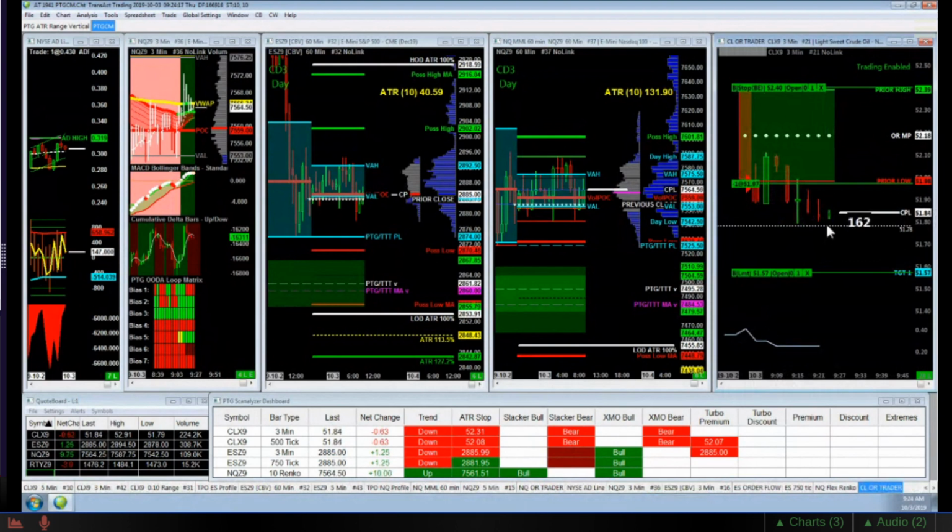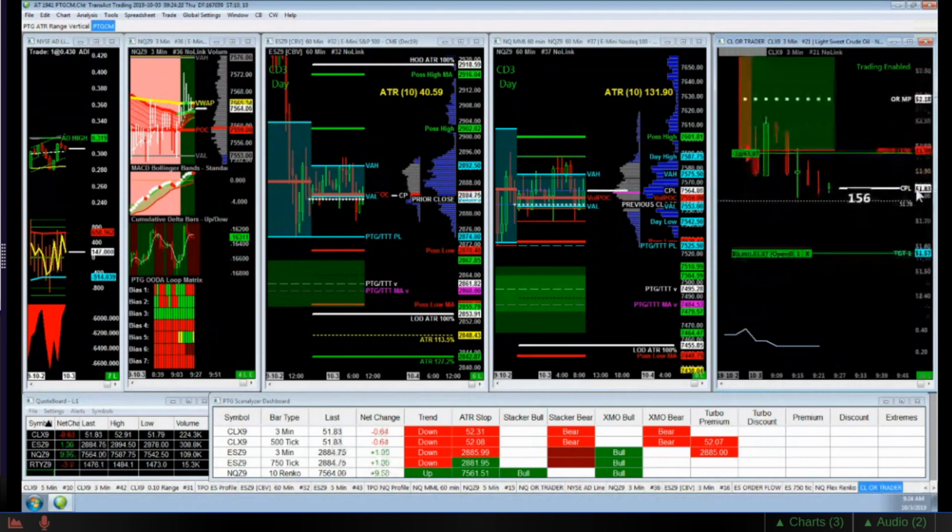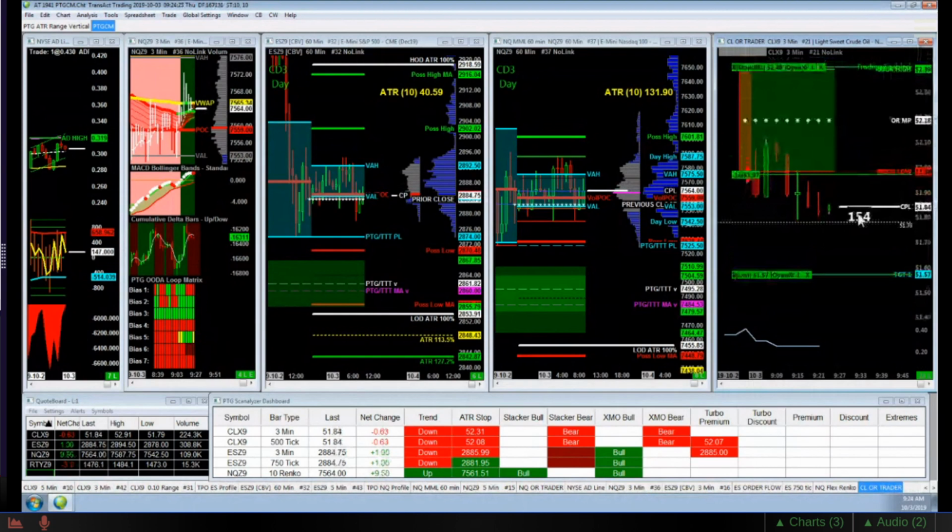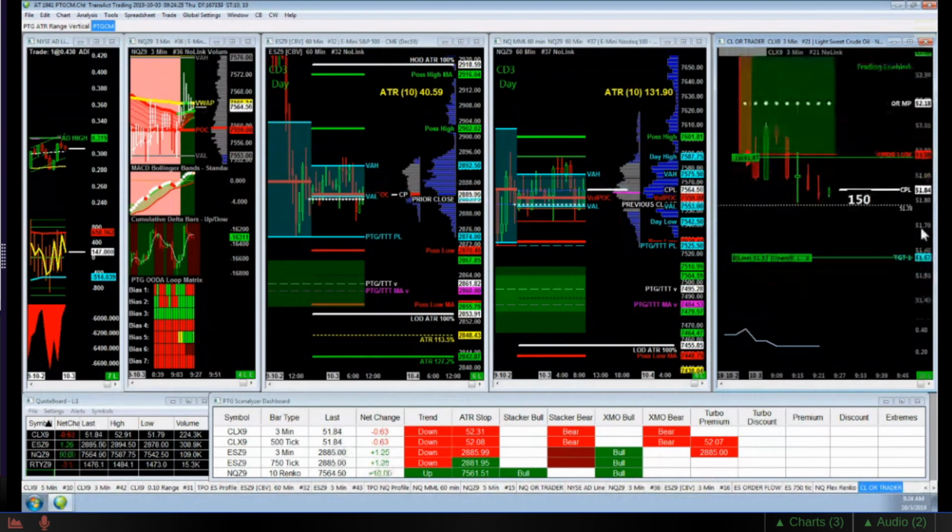Again, still short on the crude. Once it crosses the 51.78s, we'll look to move our stop to break even, and then see if it will pay us today down to the 57s area. Again, we want to manage our risk.